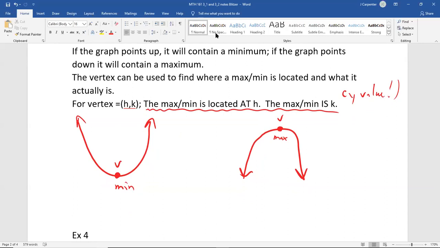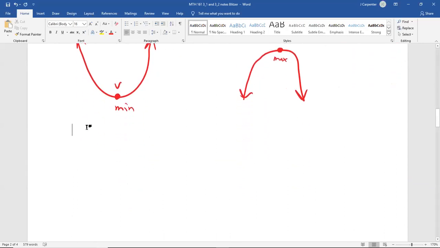In the interest of time, let's just put example 3 up here instead of switching to the whiteboard. Identify, there we go, I can spell.